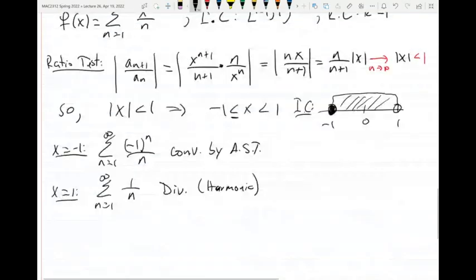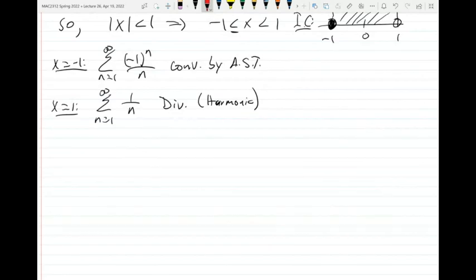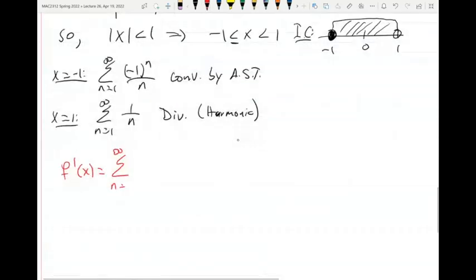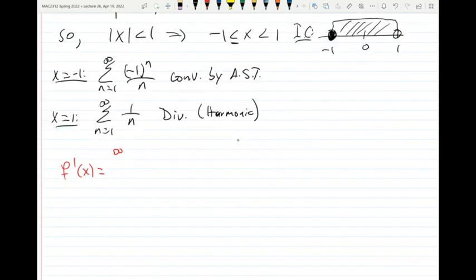All right, so let's do the next one. Now we're going to do the derivative. So f prime, that's the sum from 1 to infinity. Let me take the derivative of the sum from 1 to infinity of x to the n over n.